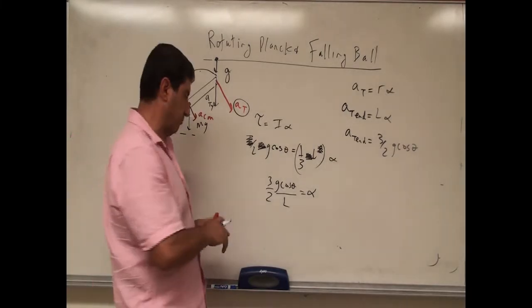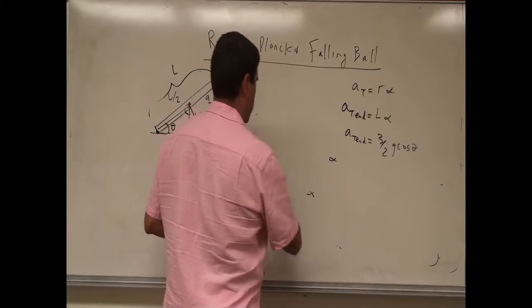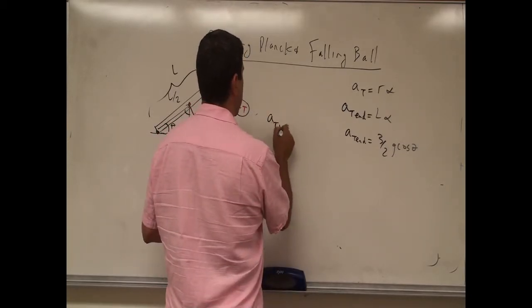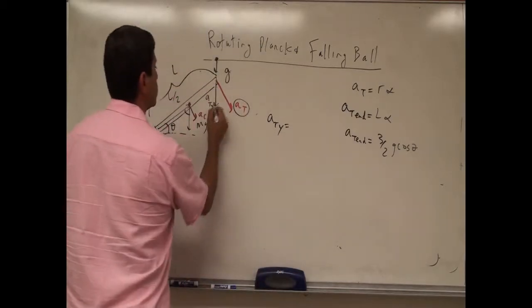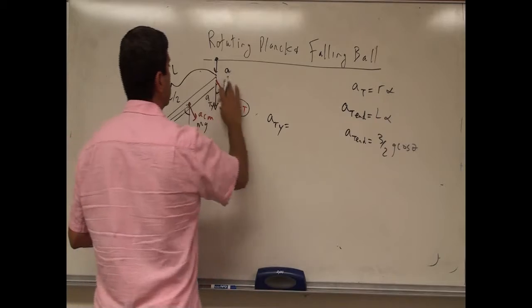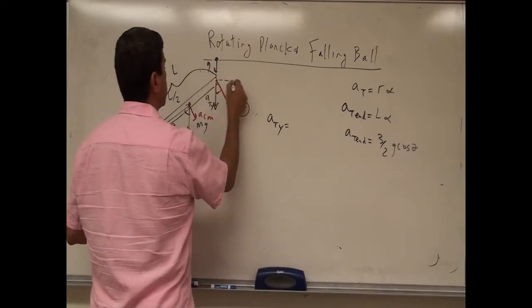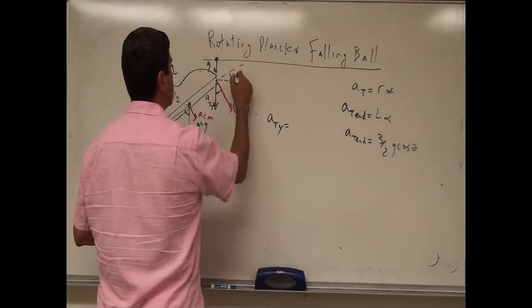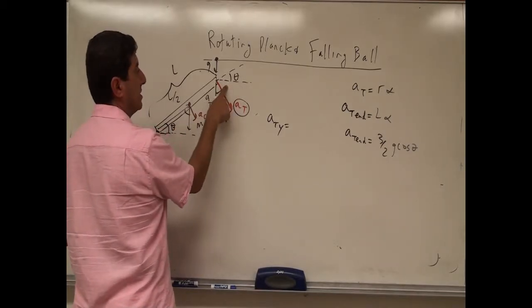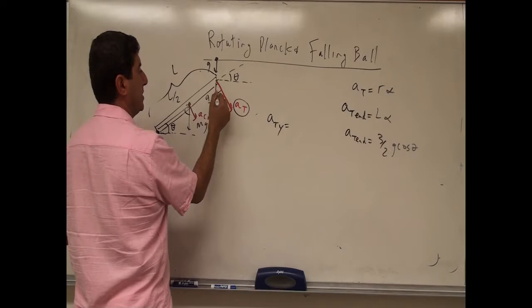So what's the y component? A tangential y. So what's this angle here? If this is theta, let's relate. This is theta, this is theta. This will be 90 minus theta right here, and then this will also be theta.